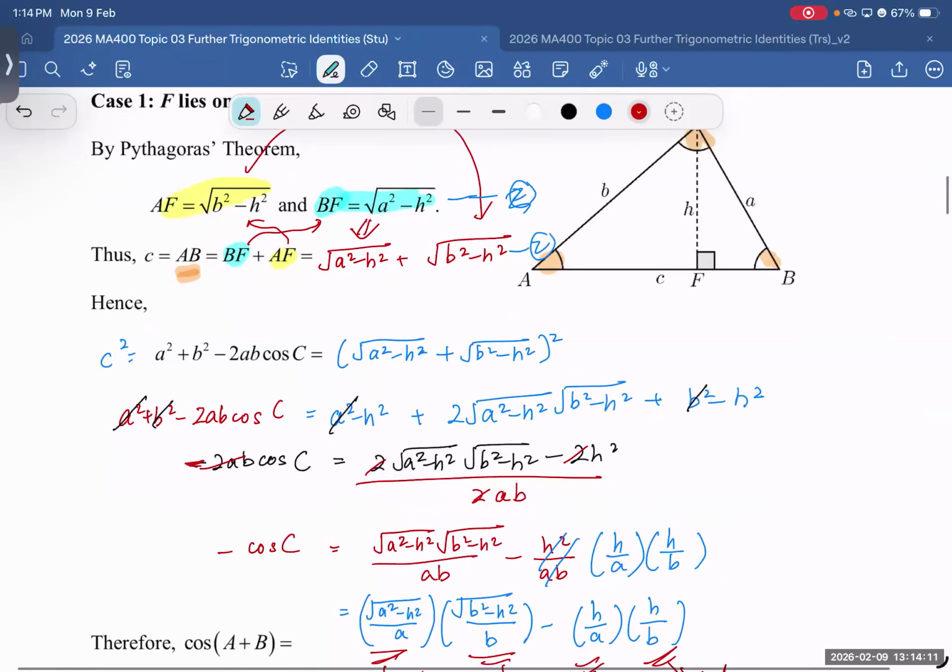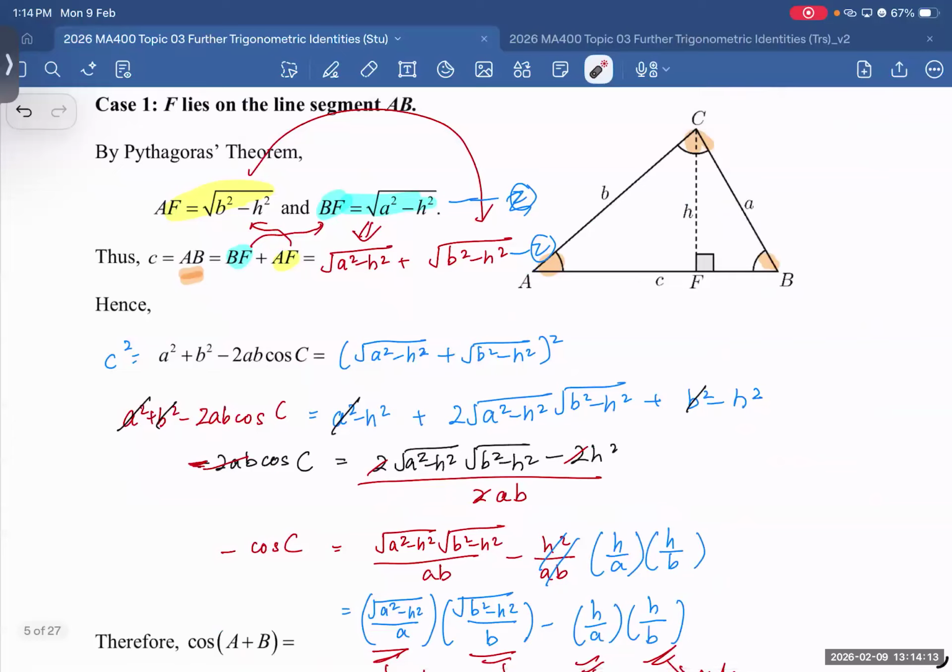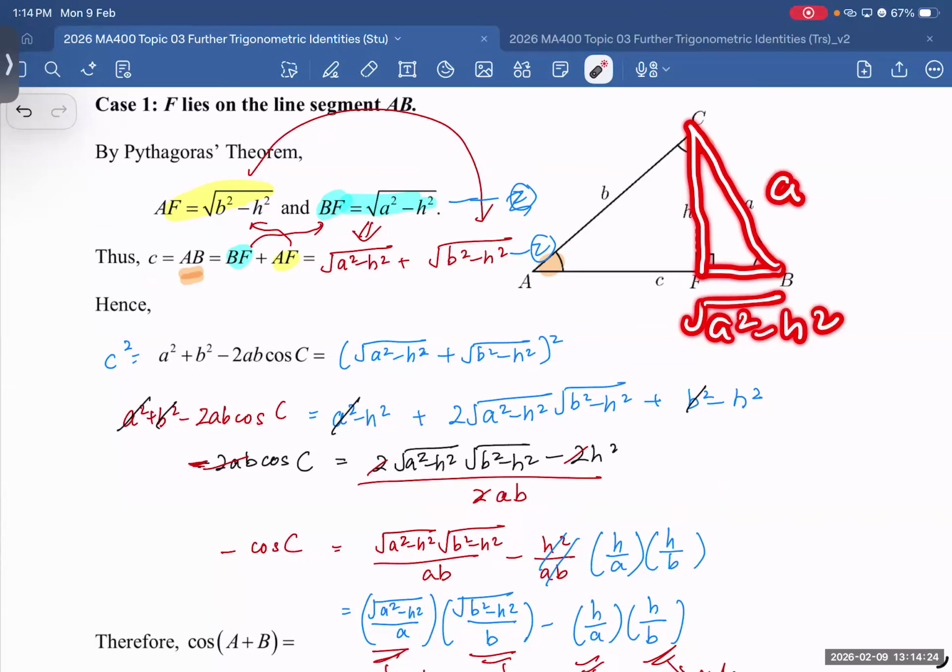I give you a hint. You look at this triangle. Square root A square minus H square is here. Small a is here. A is here.